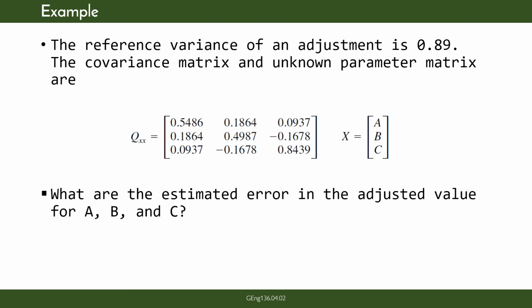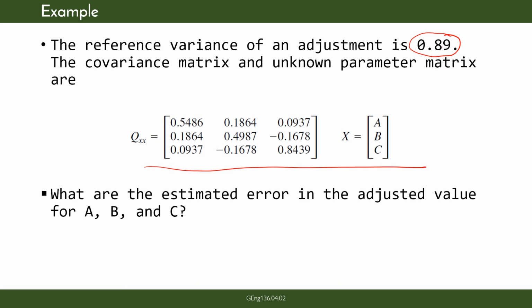The reference variance of an adjustment is 0.89. The covariance matrix and the unknown parameter matrix are this one.